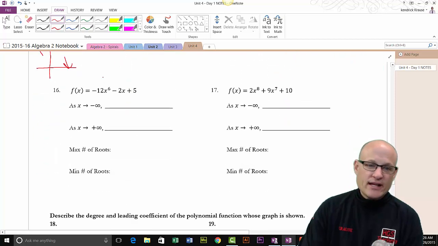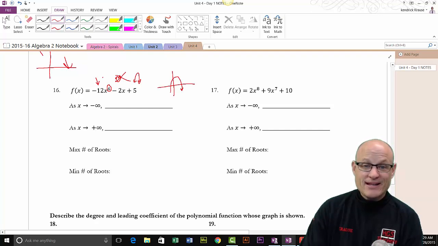So we've got an even function, which tells us we're either going both up or both down. In this case, because it's negative, they're both coming down. So draw a quick sketch. I draw a parabola. You say, oh, it's a 6 degree, it's got to have some wiggles.